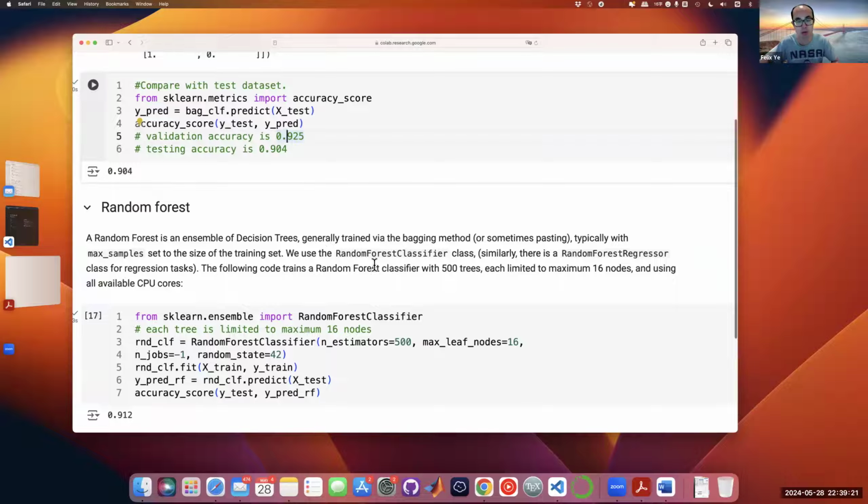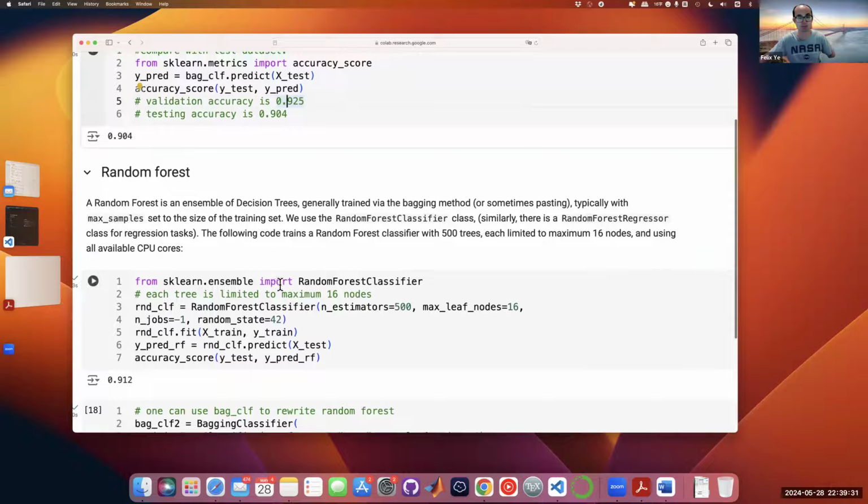So here we are using this random forest classifier, and of course you can use random forest regressors for regressions. This basically says I'm going to create 500 decision trees, and each limits the maximum leaf nodes to 16.